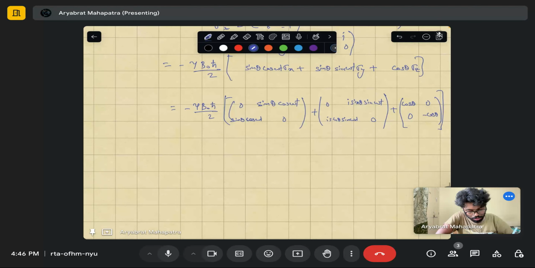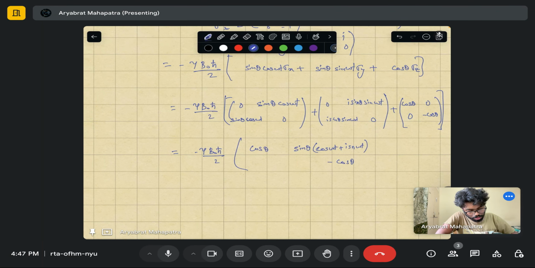So if you write the complete matrix, that will give you cos theta as the first entry, and then you have sin theta, cos omega t minus i sin omega t, then you have minus cos theta here.